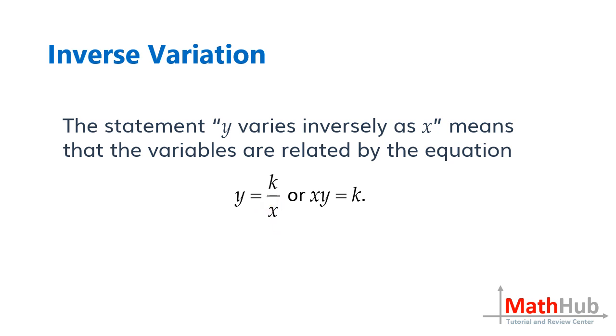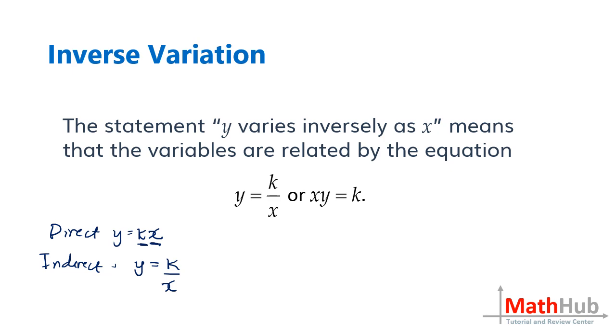If you compare that with the direct variation, remember for direct variation, x appears together with k. Whereas for inverse or indirect, the second variable appears in the denominator.